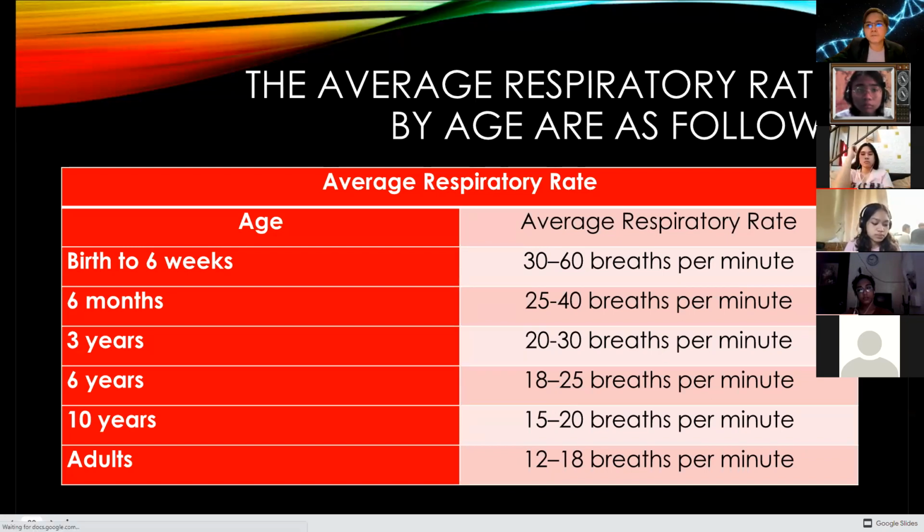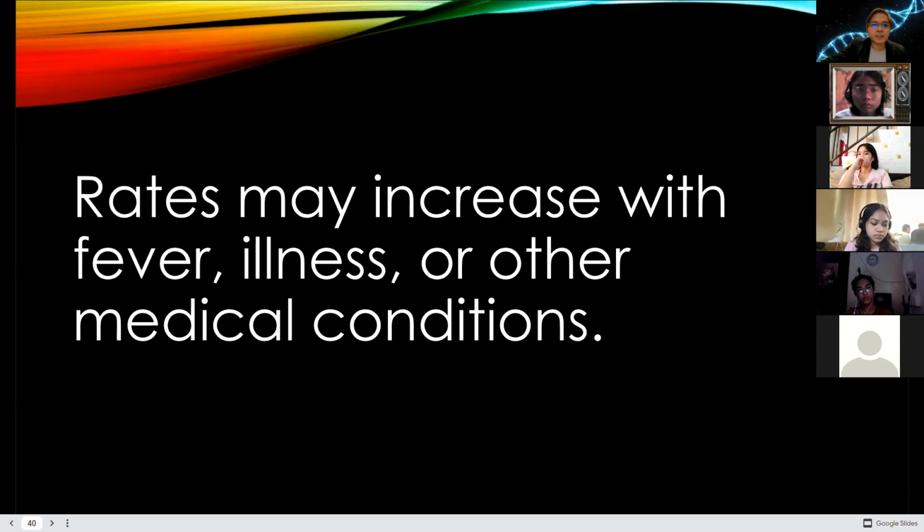Rates may increase with fever, illness, or other medical conditions like tuberculosis or COVID. It can raise the respiratory rate simply because the attack is in the respiratory system.